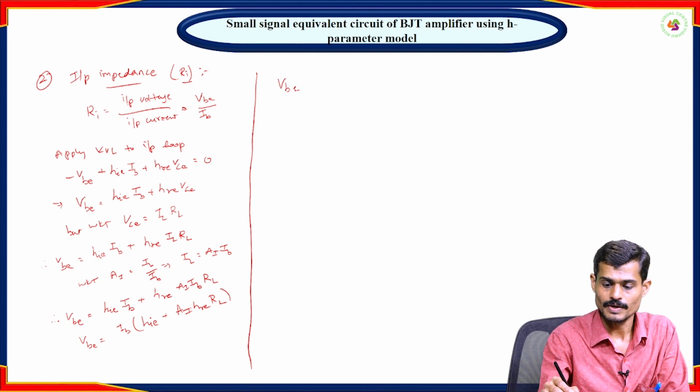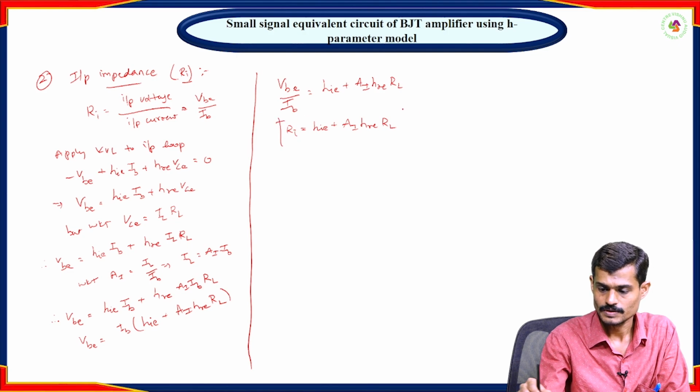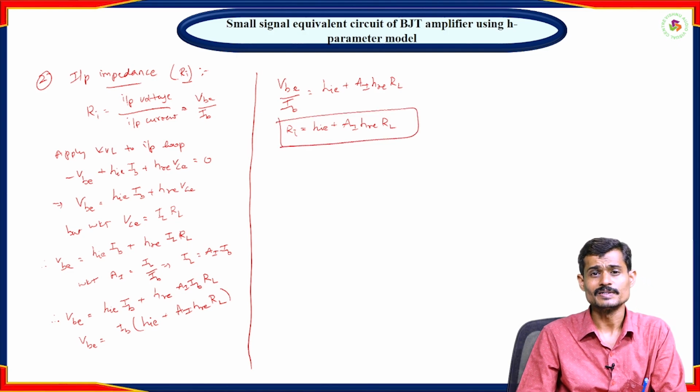Therefore VBE by IB will become HIE plus AI into HRE into RL. So what is VBE by IB? That is nothing but your input impedance. That is equal to HIE plus AI into HRE into RL. This is the formula for input impedance.